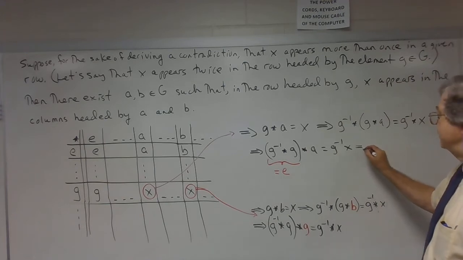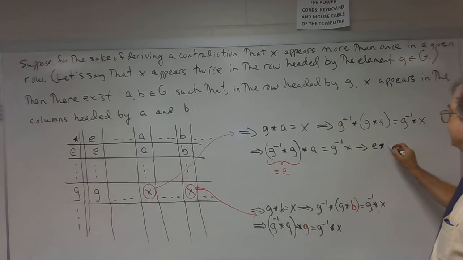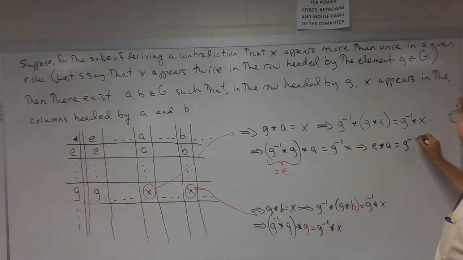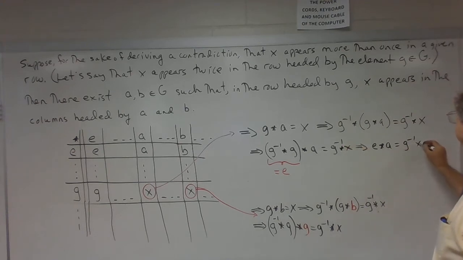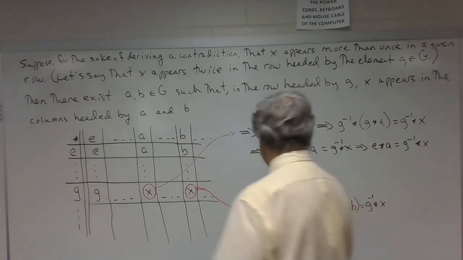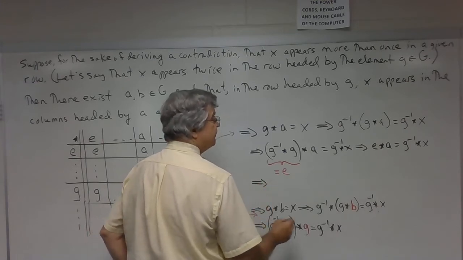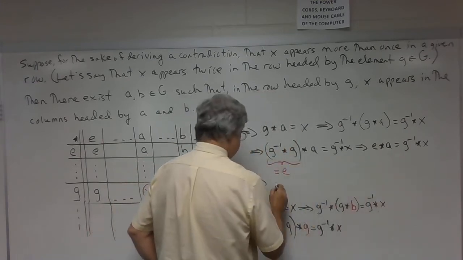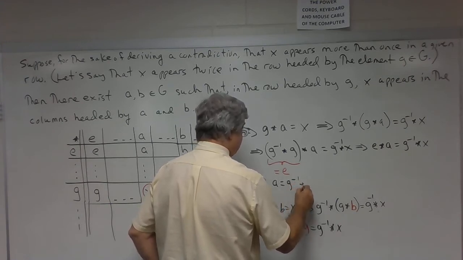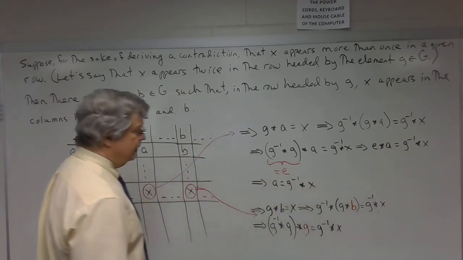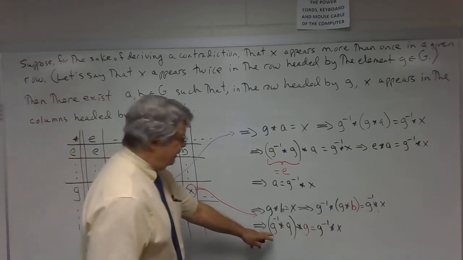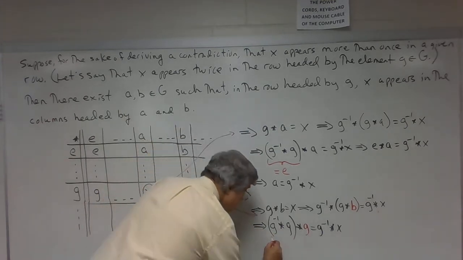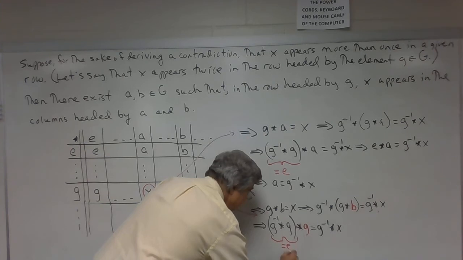So what that means is we have the identity star A equals G inverse star X. And that implies A equals G inverse star X. Well, that's not earth-shattering yet, but let's finish our computations down here. G inverse G is equal to E.